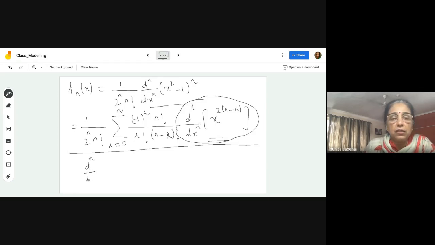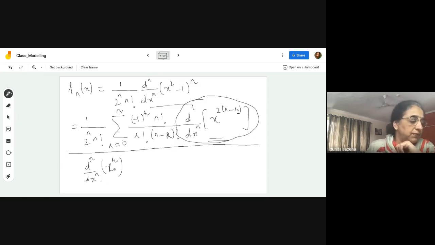We know the behavior of the nth derivative of x to the power n. The nth derivative of x to the power n is n factorial. The (n minus 1)th will be n factorial into x. We can go backward and forward, but because of the presence of r here, we need to study the behavior of the nth derivative of x to the power r.